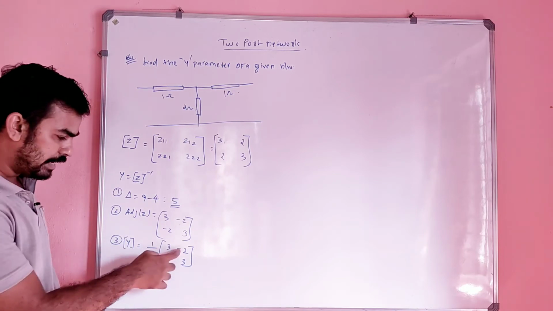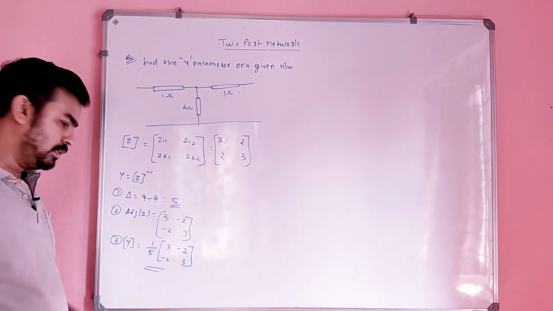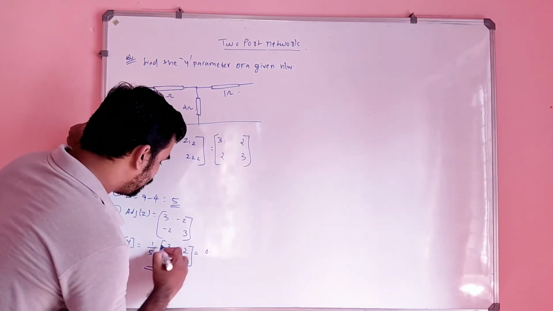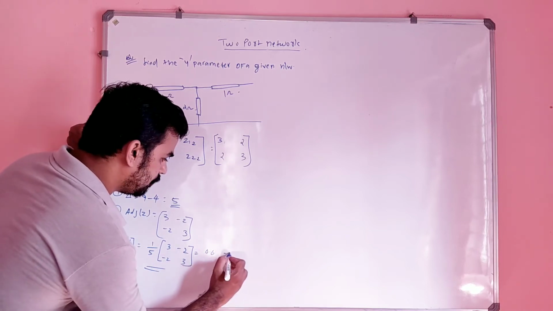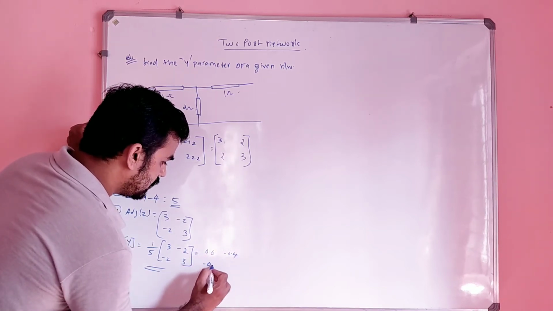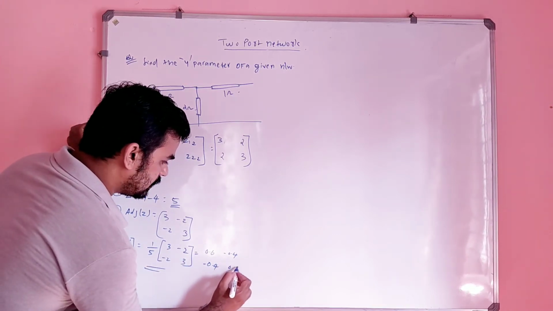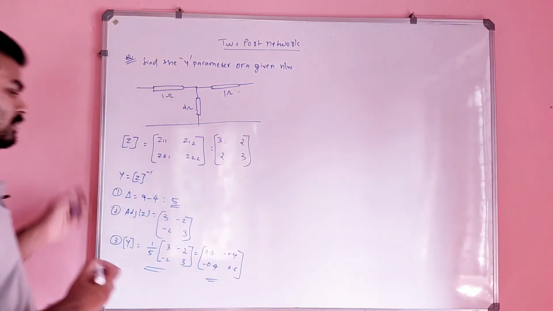You can multiply: 3 by 5 is 0.6, 2 by 5 is 0.4, so the matrix is [0.6, -0.4; -0.4, 0.6]. This is the final answer.